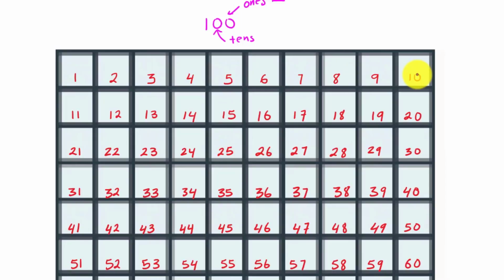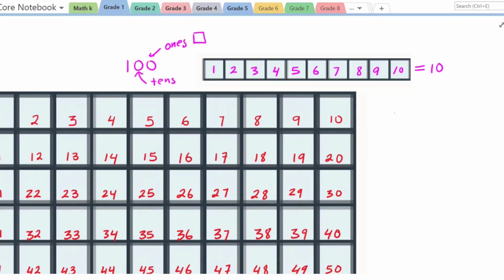And notice how this whole entire thing represents 10. So I'm going to draw that. So this is the tens. So one of this whole entire thing is equal to 10 little boxes. That's why we call it tens. And that's the tens place.